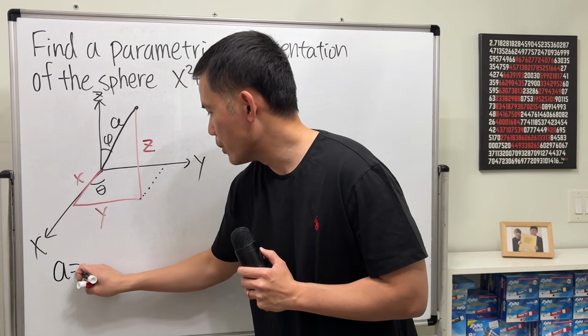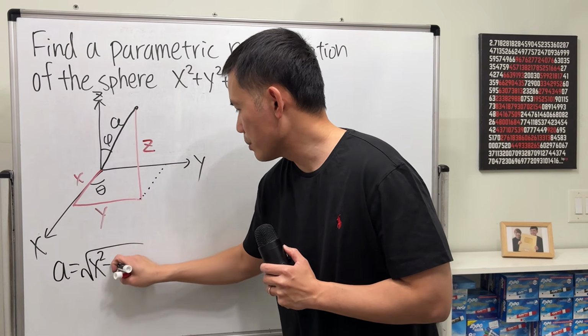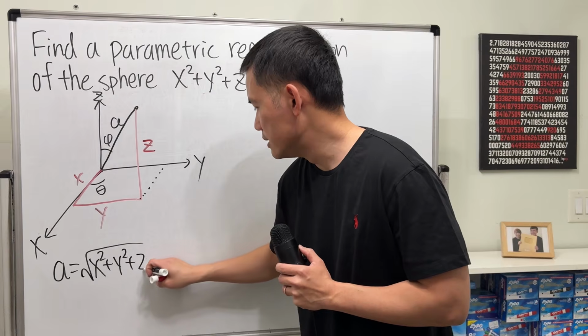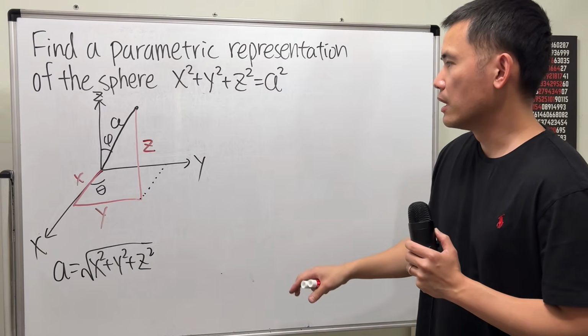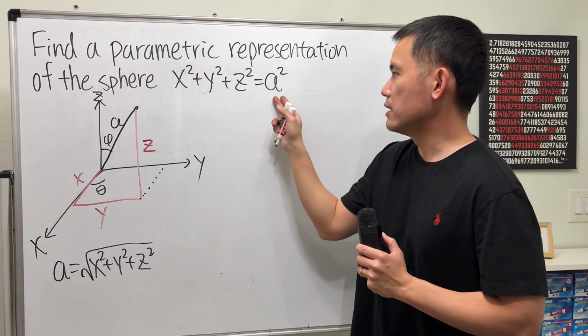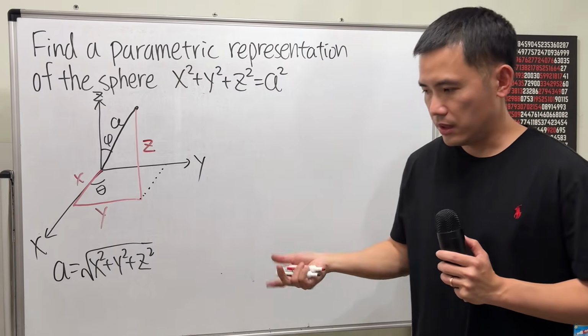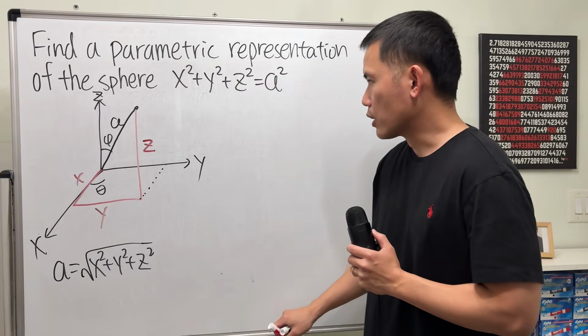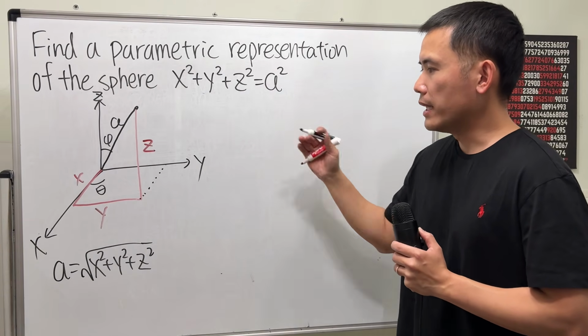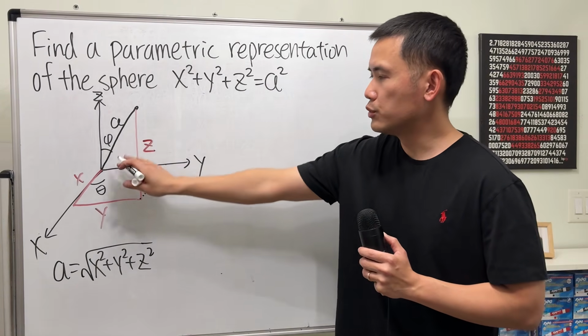So a is equal to the square root of x squared plus y squared plus z squared, which is really just the same as that. And if you find all points satisfying this equation, you get a sphere in the three-dimensional world. Now, the goal is to figure out x, y, and z based on these three things.